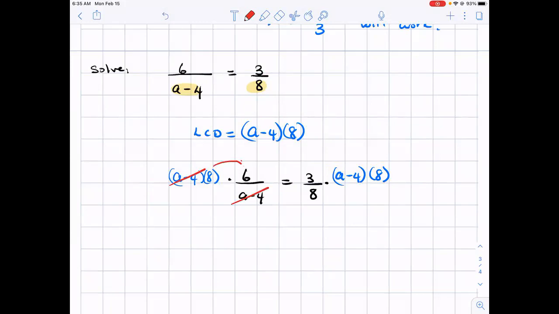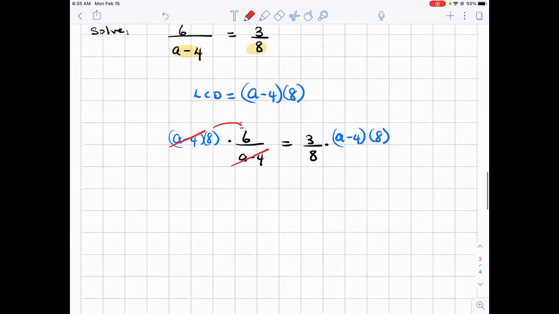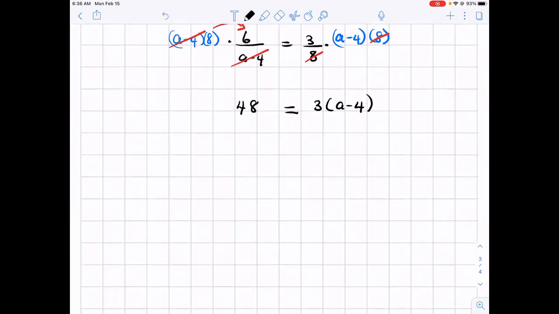So that leaves me with 8 times 6, and that's 48, equals to, on the right side, the 8 will cancel with the 8, leaving me with 3 times a minus 4. Now, once you multiply by the lowest common denominator and you simplify, you must have a problem without any denominators. If you still have a denominator, you did something incorrect.